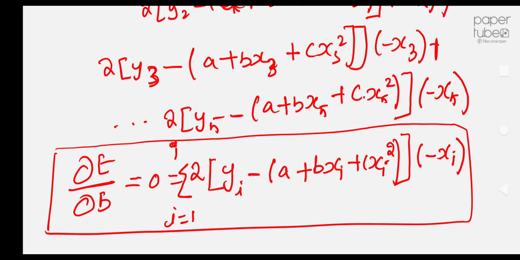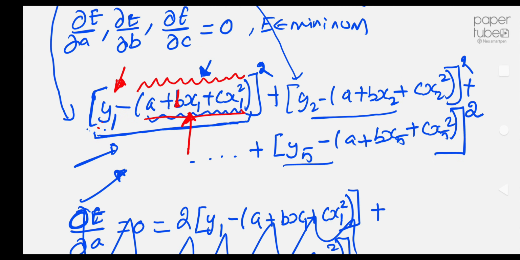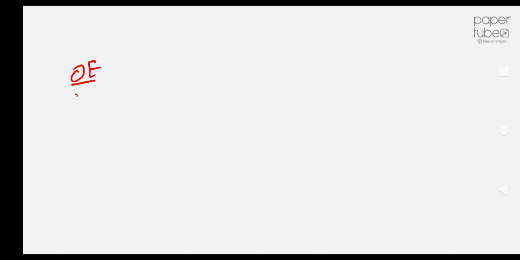Similarly, we can also differentiate the same expression, if we go back to this equation, follow the red line again, with respect to c, to get ∂e/∂c, and set it to 0 so that the error will be minimum. So let's calculate the change in error with respect to c.